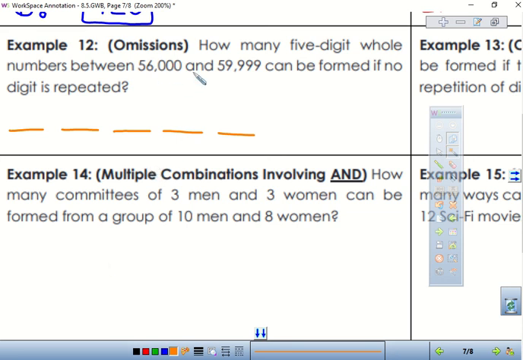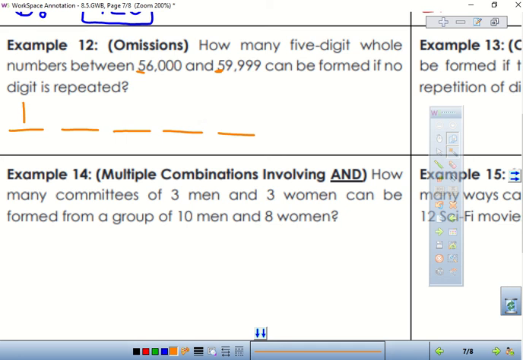So the number is between these two numbers, which we automatically know means that its 10,000th place number is going to be what? 5. So we have how many choices for that slot? Just one. It's already determined for us. It's going to be 50 something, right? Because it's between those two numbers.